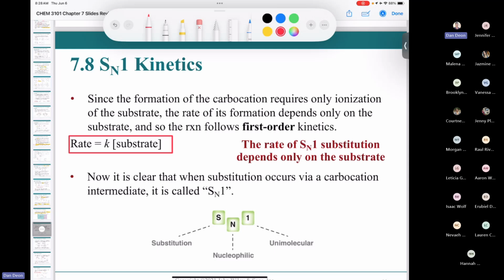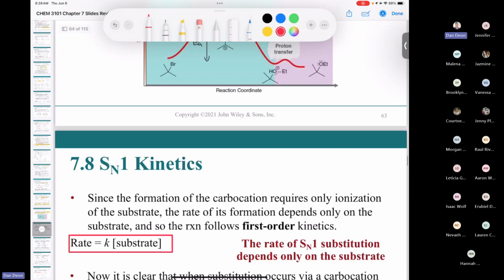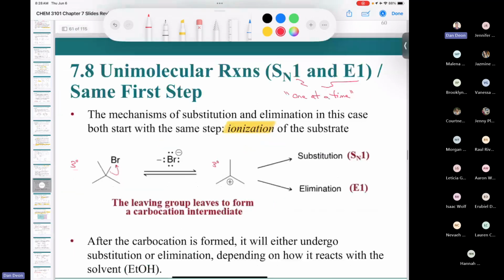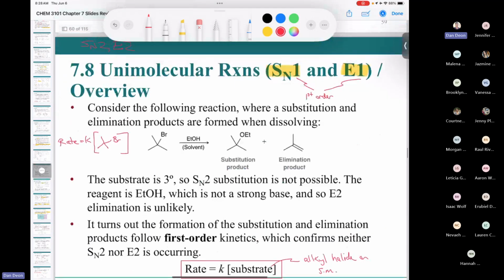You'd go back to a reaction like this one and first change the concentration of the alkyl halide, and you would see that it affects the reaction rate. Then you would change the concentration of the ethanol, and you'd find that it doesn't do anything to the rate. So the reaction only depends on the concentration of the alkyl halide, and it's a first order reaction.